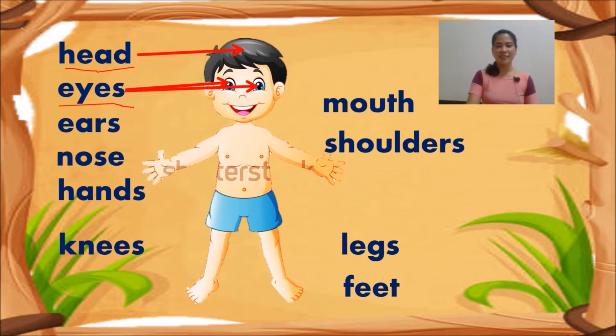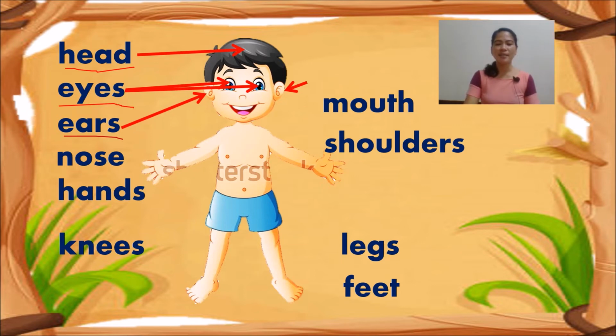And then we have the ears. Where are our ears? Point them. One, and then we have another one on the other side. Okay, we have 2 ears.